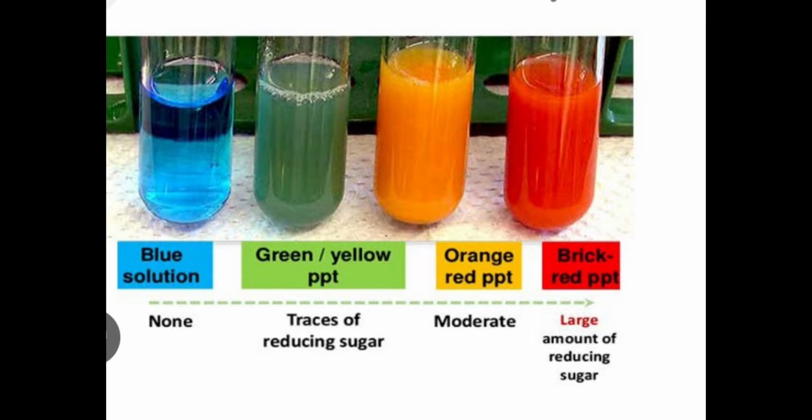And if you observe a brick red color, it shows that there is a large amount of reducing sugar. This is shown in the diagrams above. So make sure that you understand everything about reducing sugars, the procedure, and also the colors that show a positive test for reducing sugars. That is all about how to test for reducing sugars.